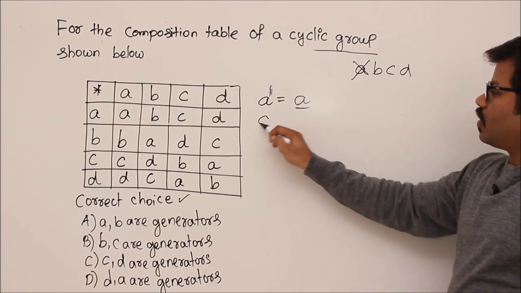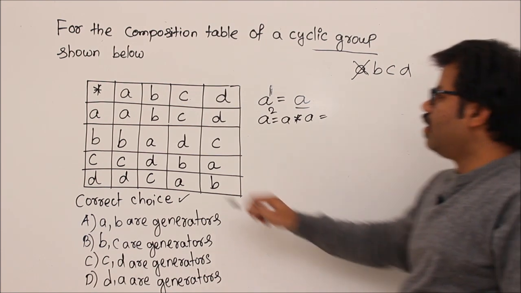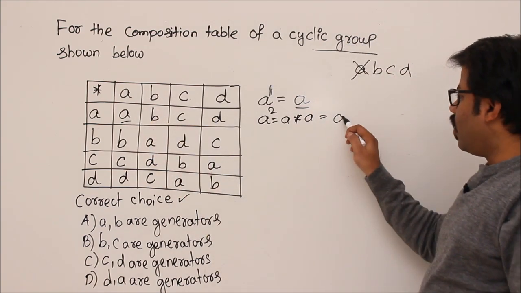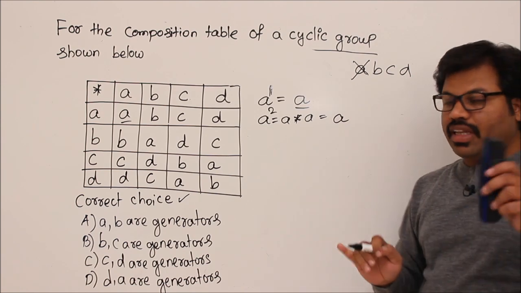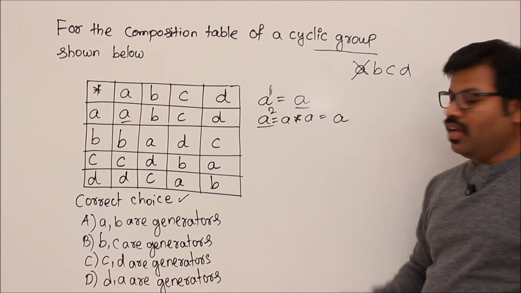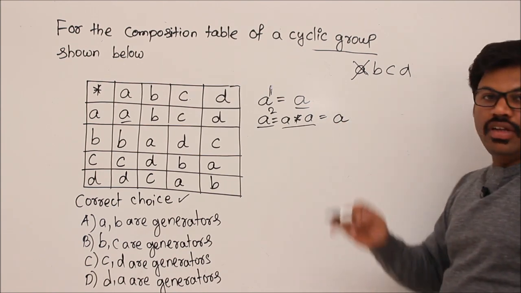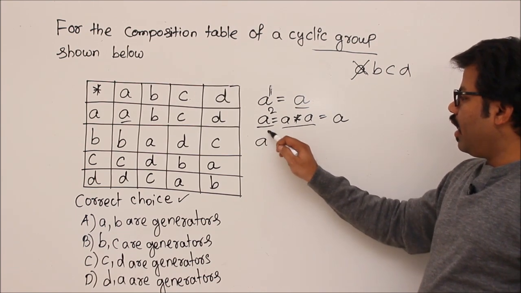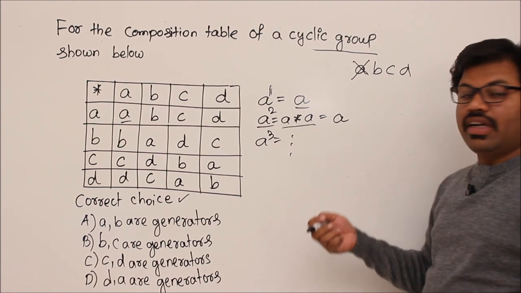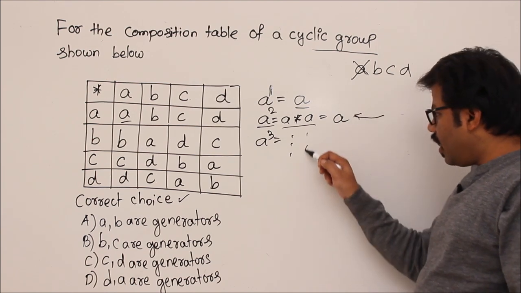A. Now A square equals A star A. But what is A star A here? A. So that means what? Whenever A square is A, this is the identity element. Why? Whenever A star A equals A, definitely A should be the identity element. Already we proved it. Correct? Then if you apply A cube, you cannot generate further different elements, because after the identity element you cannot generate a different element.